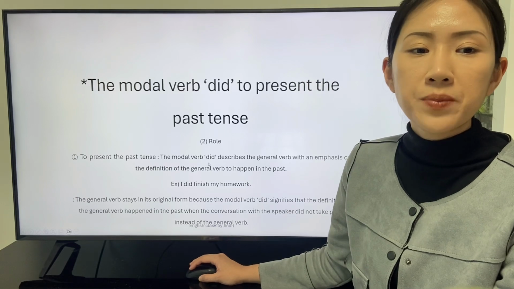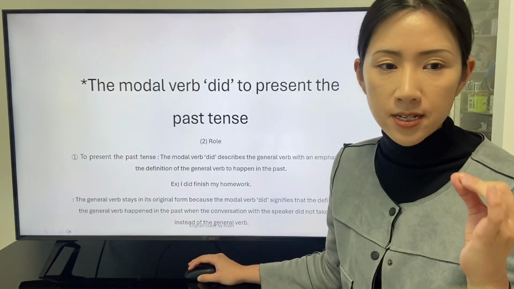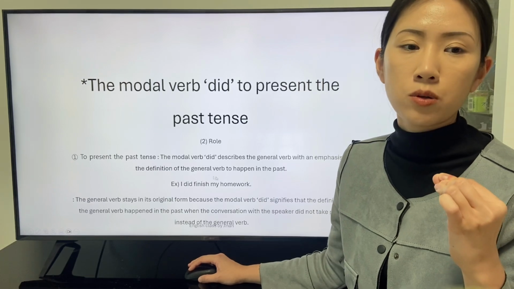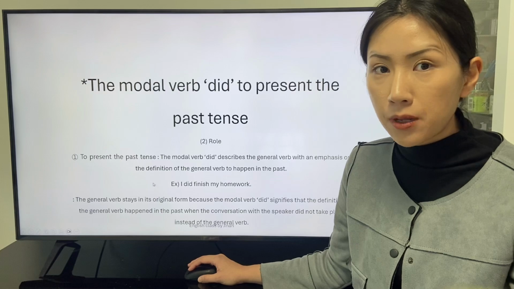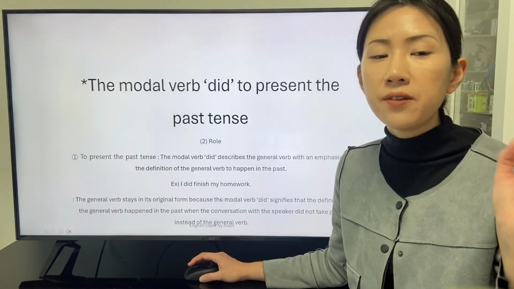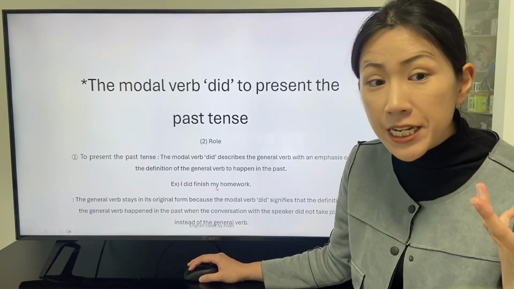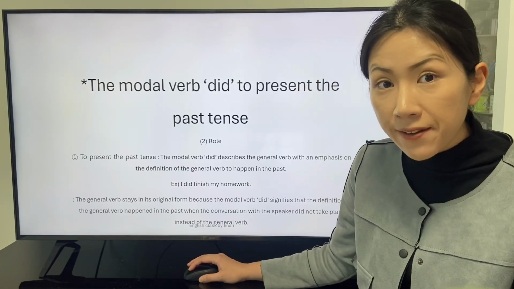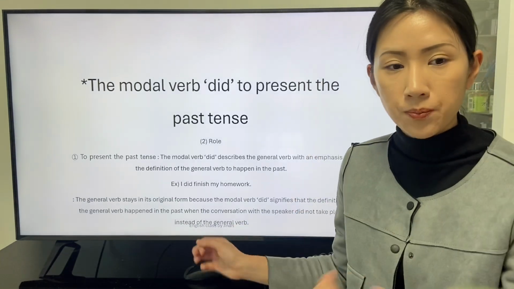The modal verb did describes the general verb with an emphasis on the definition of the general verb to happen in the past. There is an exemplary clause, I did finish my homework. The modal verb did emphasizes the definition of the transitive verb finish happened in the past.